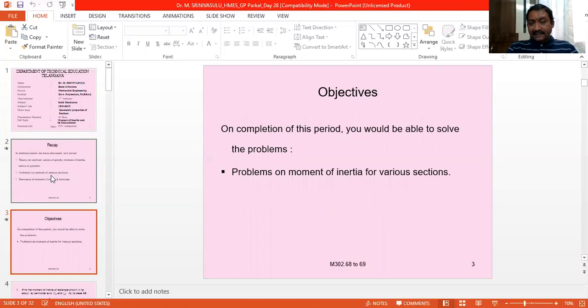In this class, we are going to cover the problems on the moment of inertia of standard areas and also the different sections, which are also termed composite sections, consisting of different standard figures.